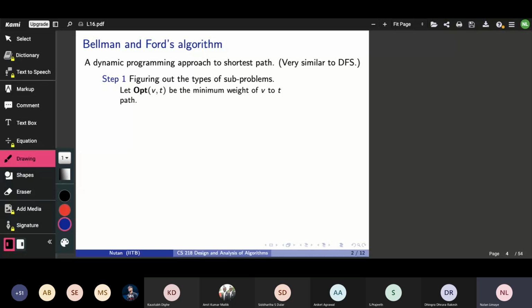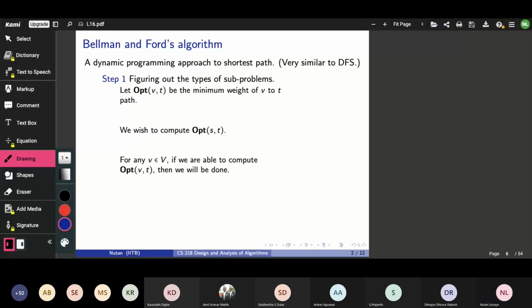This subproblem is going to hold the value of the minimum weight path from V to T. Overall, of course, we plan to compute opt of S comma T. And now for any vertex V in V, if we are able to compute opt of V comma T, then in fact we'll be done.